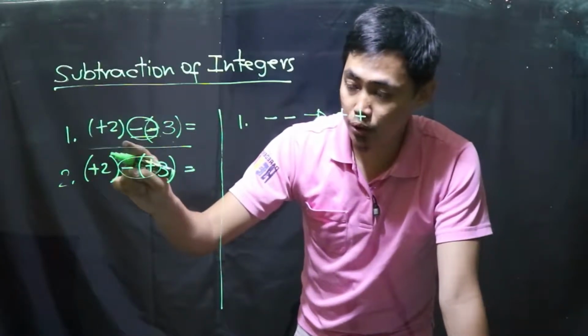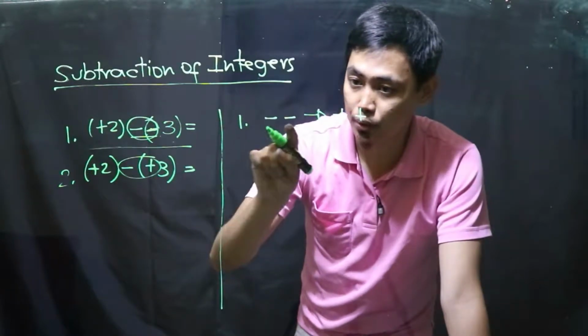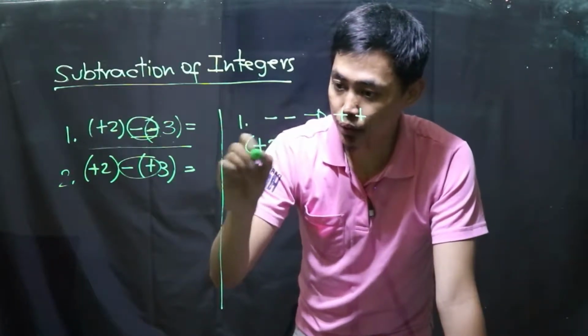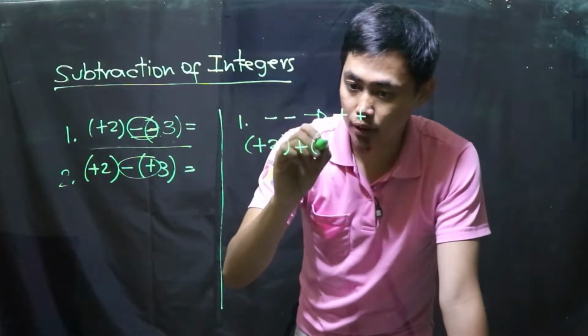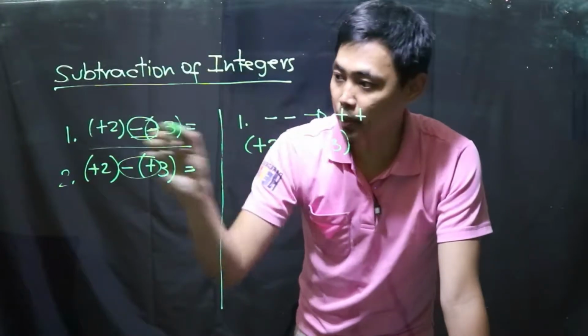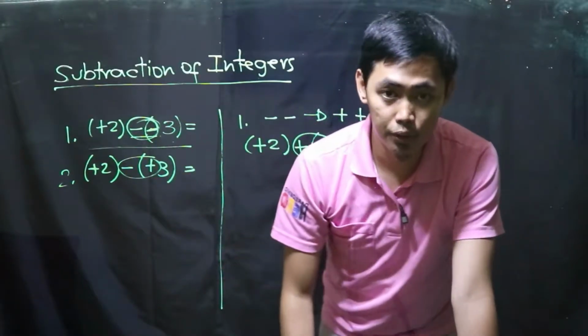So we will need to change this to plus plus since it has minus minus. So it would become positive 2 plus positive 3. So from minus minus we change it to plus plus. Okay.